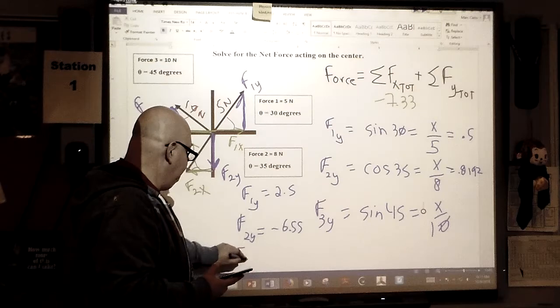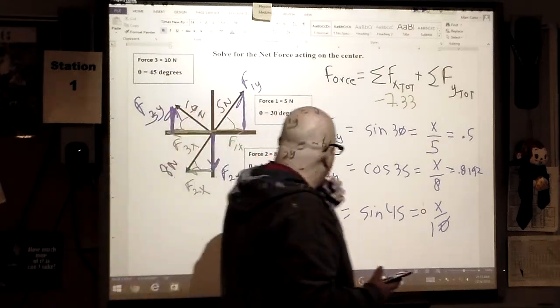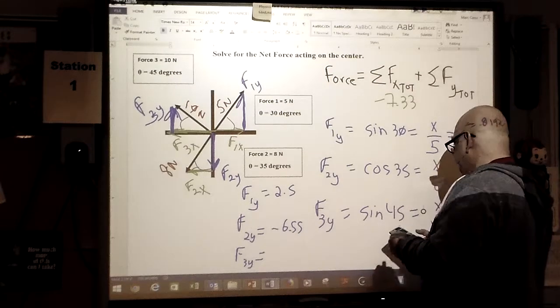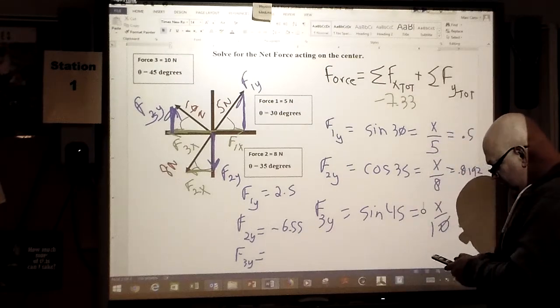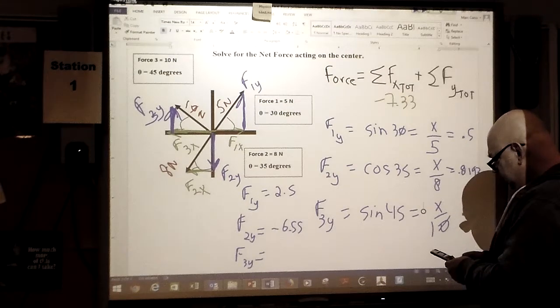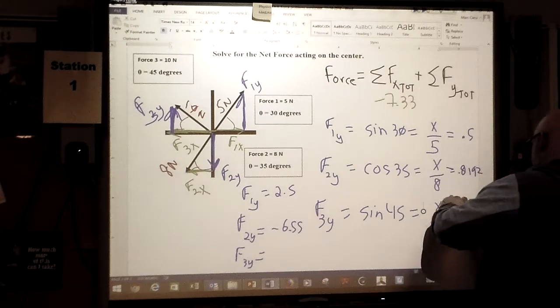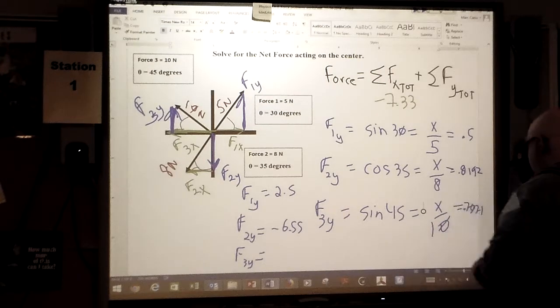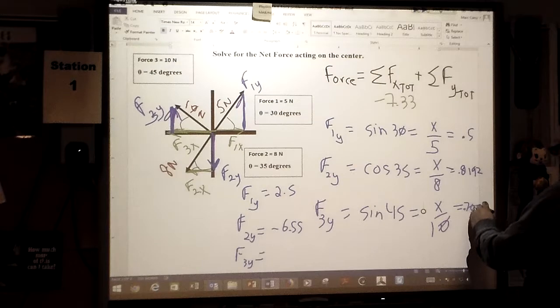Okay, our last one, F3 in the y. So when we look at F3 in the y, we're going to look at the sine of 45. Sine of 45 equals 0.7071.